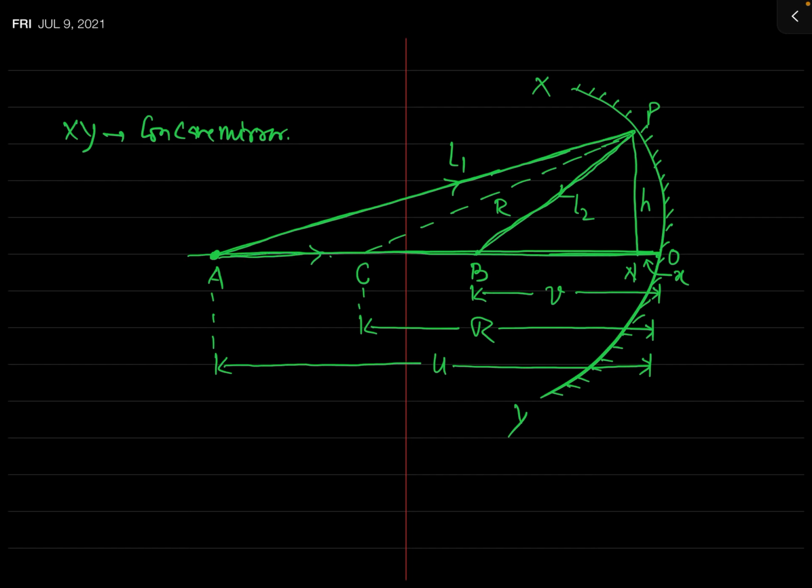Since this will pass through the center of curvature C, it will be incident on this mirror normally. So after reflection this will retrace its path.